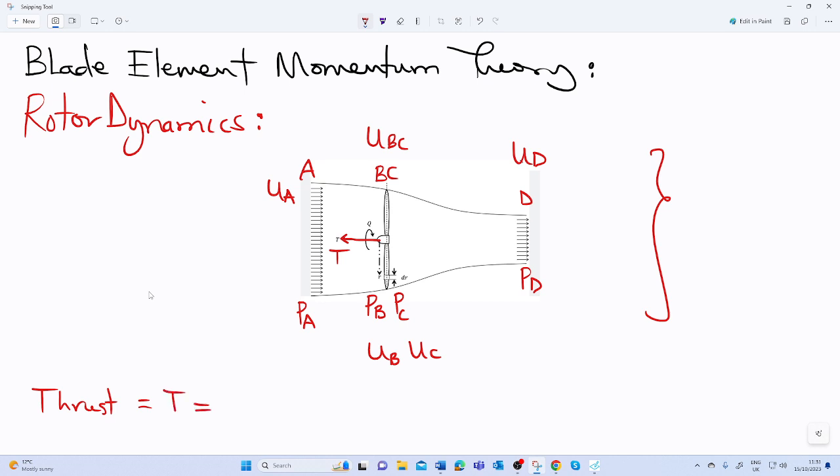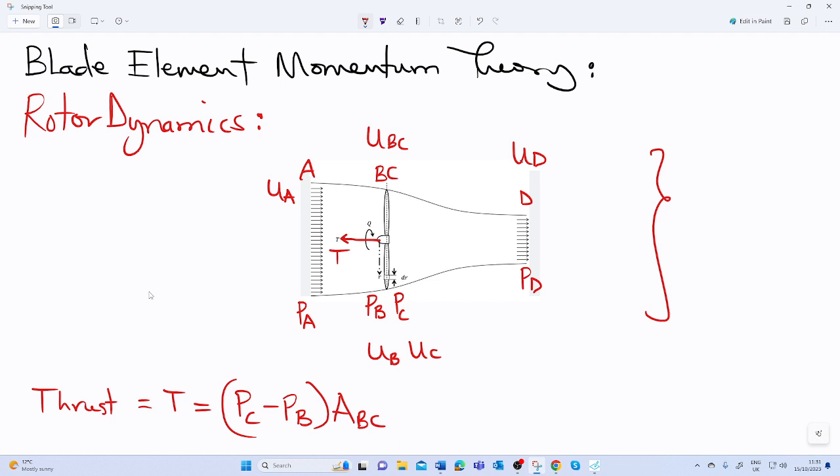Equals to T equals PC, that is pressure at C, minus PB to the area of a rotor ABC.